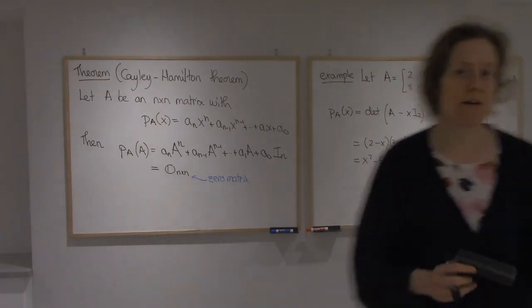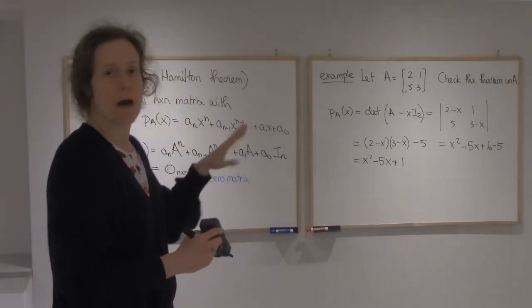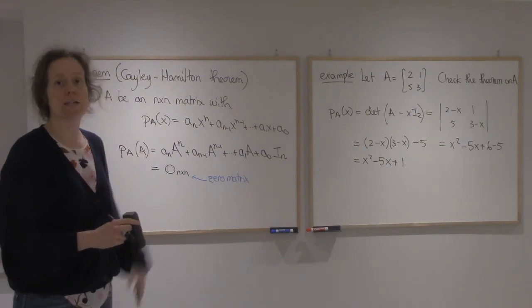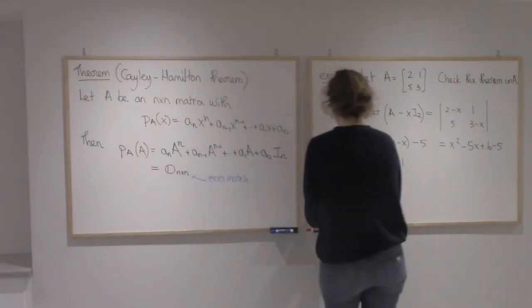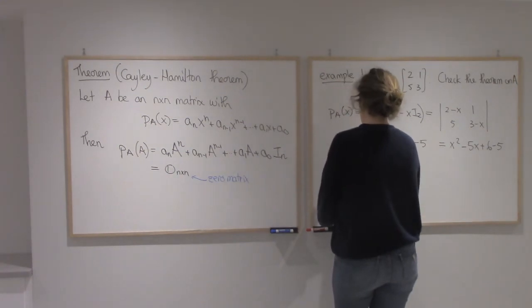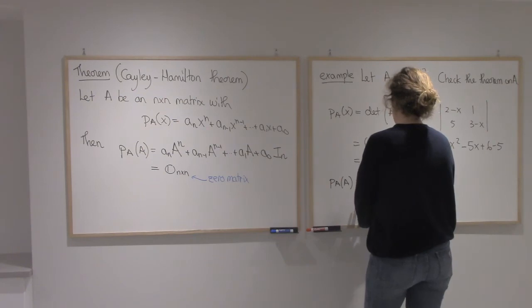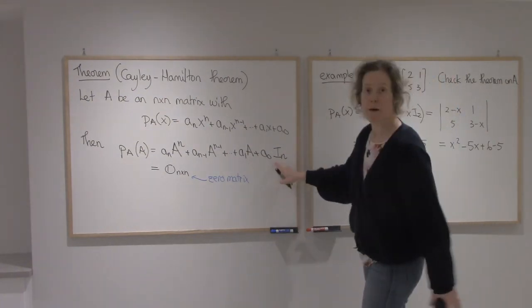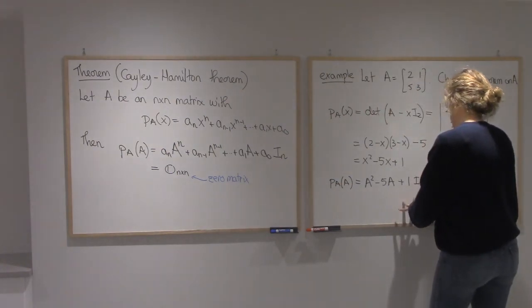Alright, so that's the characteristic polynomial that we've been using to find eigenvalues. I'm not after eigenvalues at this point. What I want to do is plug in A and check that we do get the zero matrix. So I want p(A), which will be A squared minus 5 times A. Remember to add in the identity, plus 1 times I_2.